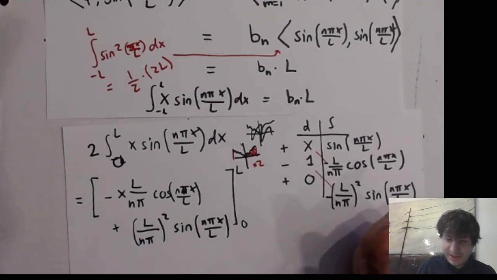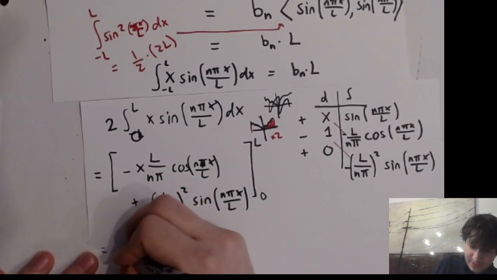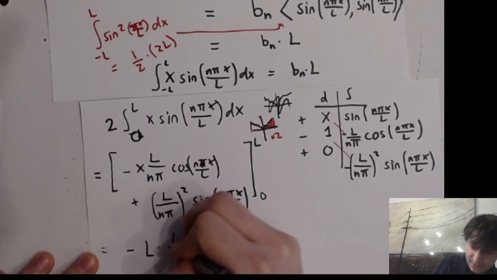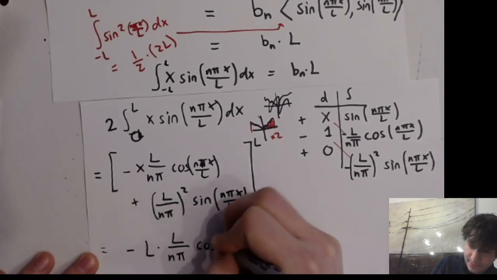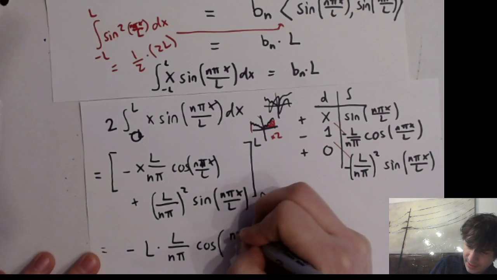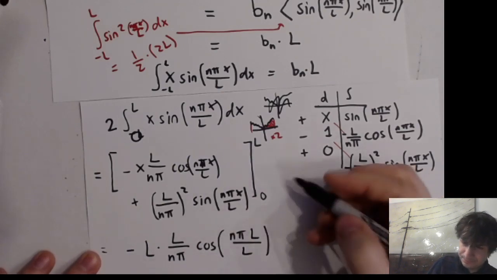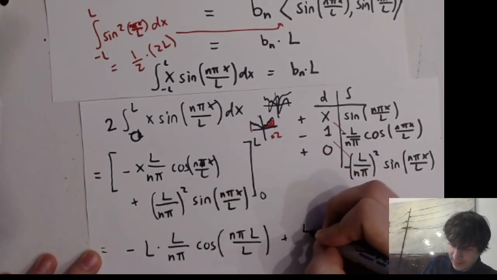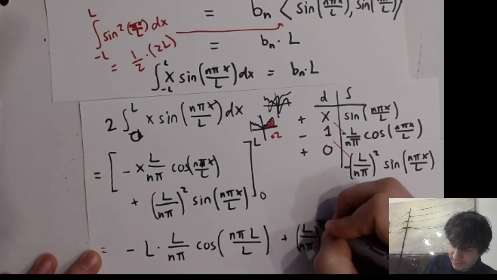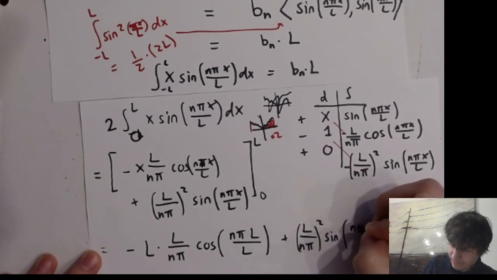So when you plug in, let's do this the long way. Let's plug in minus L times L over n pi times the cosine of n pi L over L, plus L over n pi squared times the sine.